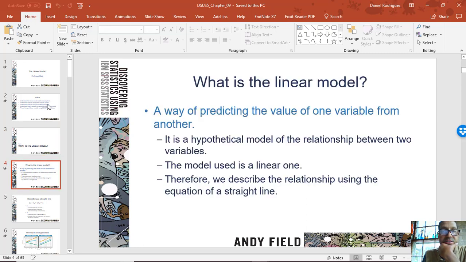When we're doing any kind of regression, it's a model. Andy Field likes to talk about models and how we use them to predict points, and that's exactly what we're doing here. Unlike correlations, where we had two variables and saw how strongly they move together, this time one is assumed to be a predictor and the other an outcome.